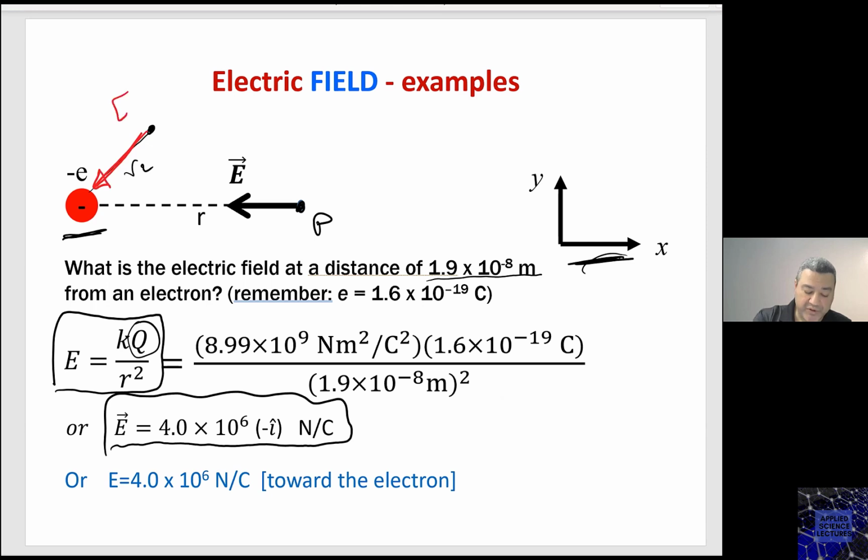So if I call this one E2, then the magnitude of E2 is greater than this E. Why? Because r2 is less than r.